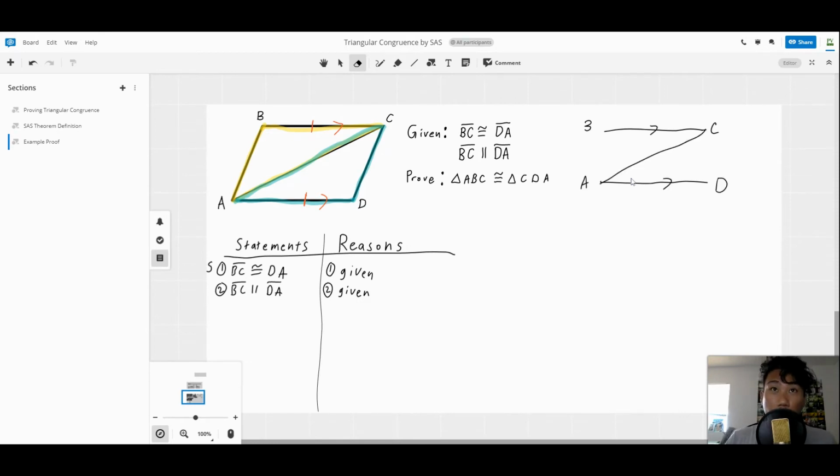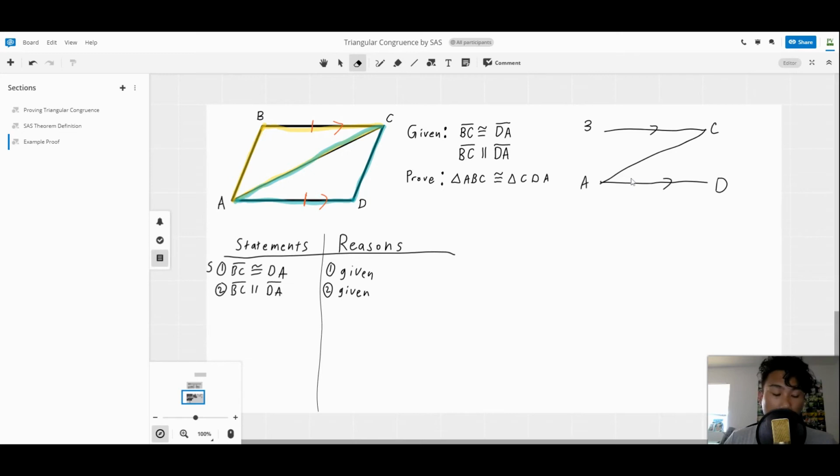Now, if you aren't familiar, according to the alternate interior angles theorem, whenever you have a set of two parallel lines that are crossed by a transversal, then the alternate interior angles formed by the parallel lines and the transversal are congruent.